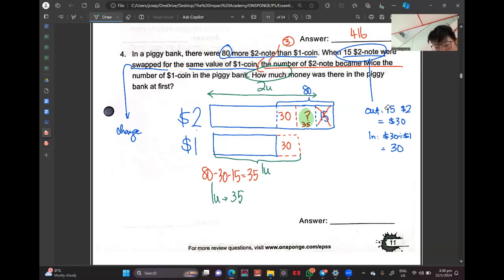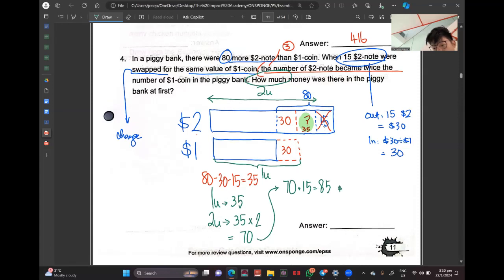It's 2 units. Am I making sense here? Right, so 35 times 2, that gives me 70 $2 notes, right? So 2 units is actually from where to here? From here all the way to here only, correct? Let's not forget the 15 that I have. Agree so far? All right, so over here I will say it's 85 $2 notes. Am I making sense here? Okay, so that is only for $2.